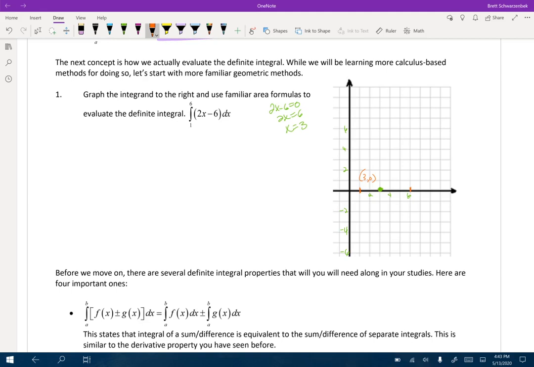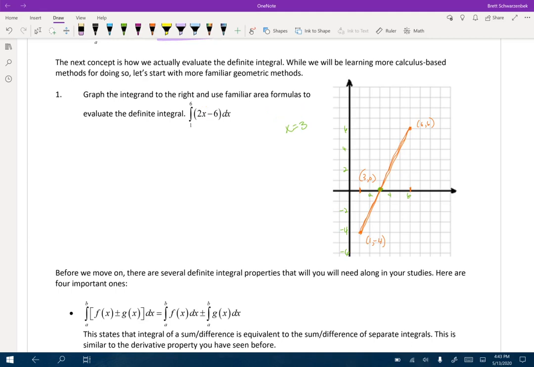If you put 1 in here, we're not looking at the integral, we're just looking at the expression 2x minus 6. If we plug 1 in, we get -4, which means there's a point at 1, -4. And if we plug 6 in, we get 6, so there's a point at 6, 6. So we can draw this line now, and we have a graph of the function 2x minus 6. That's the first step.